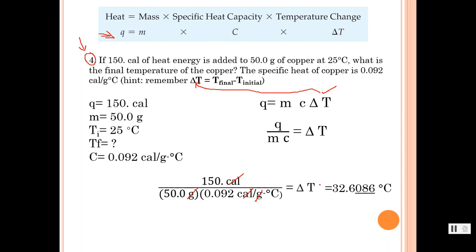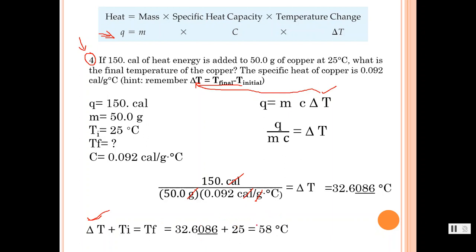What I have calculated is the change in temperature. What I need is the final temperature. And so I'm going to make use of delta T is equal to final minus initial. Solve that equation for final temperature by adding initial temperature to both sides, which I have done down here. Substituting in the values, my delta T and my initial temperature.